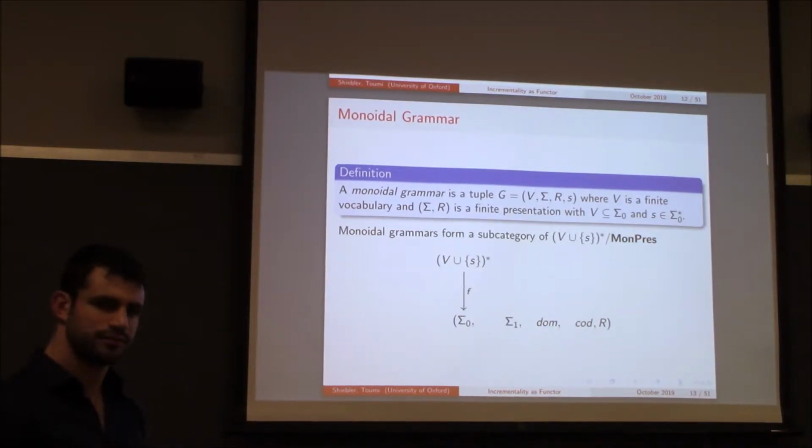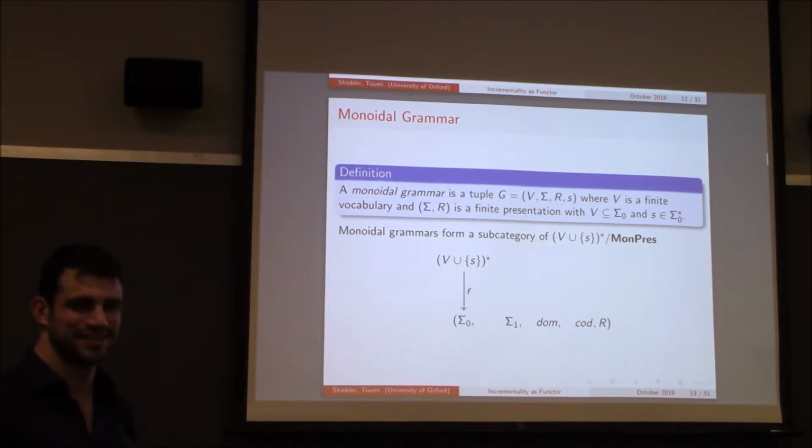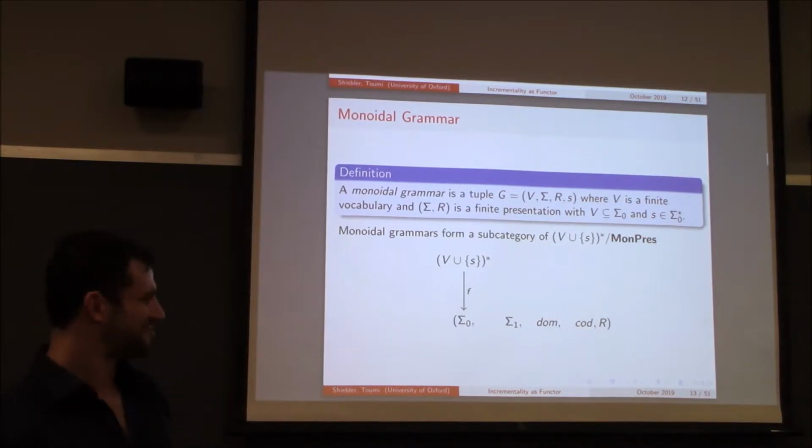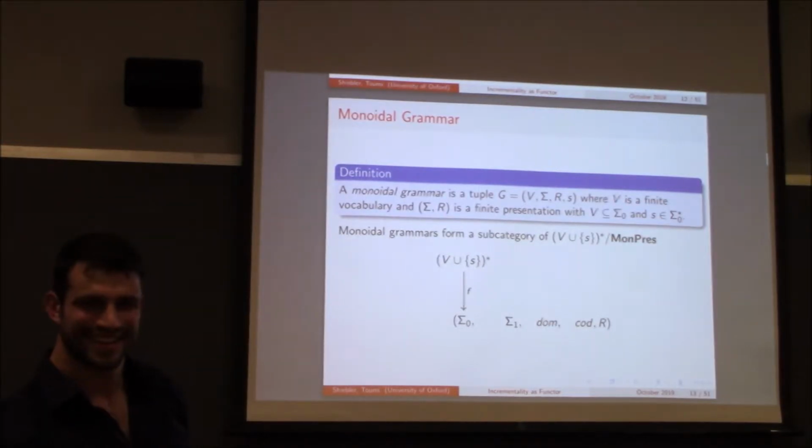Is there any reason actually that S would need to be a possible composite object? Me and my co-author discussed that. I thought there's not a reason, and he thought there was a reason, and I do not know exactly why he thought there was a reason. You don't have to start with an S, because if you don't start with an S, you would have an empty language, right?